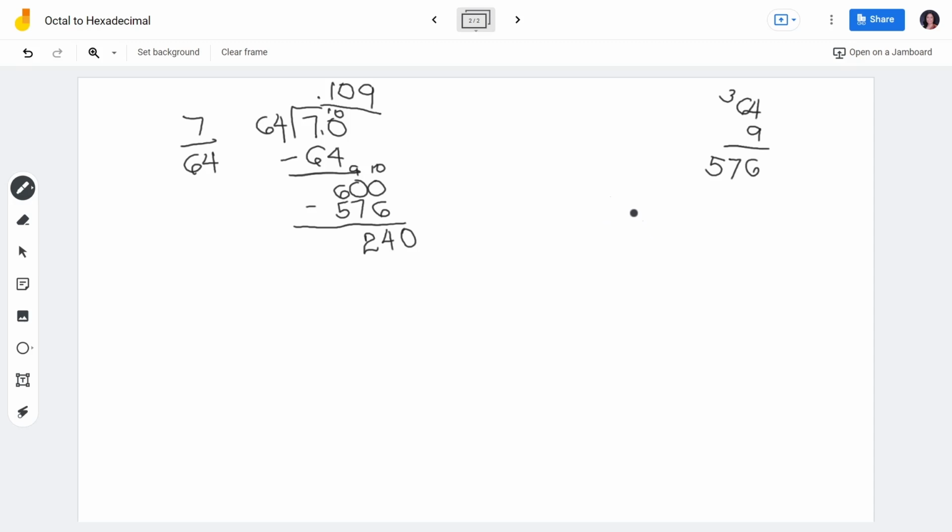Let's try 64 times 5. 4 times 5 is 20, 6 times 5 is 30, 32. So it will not fit.